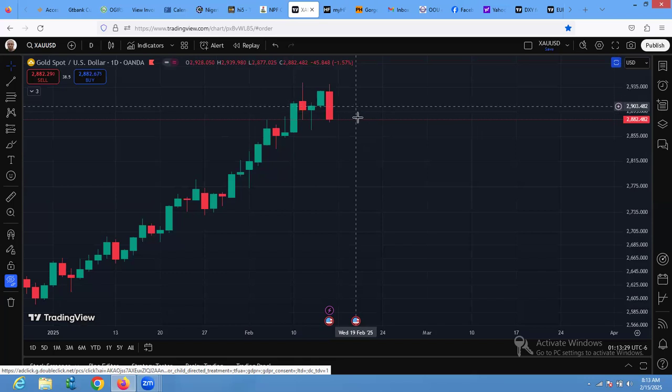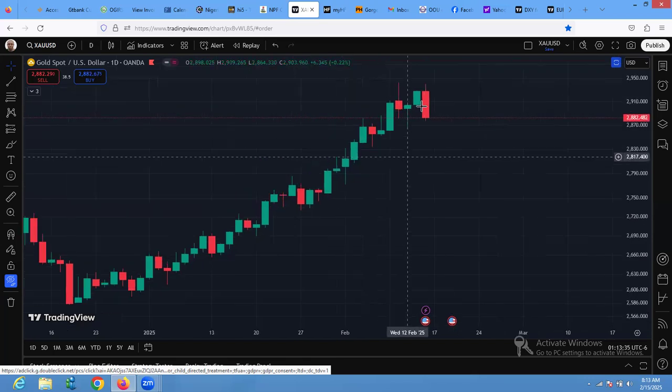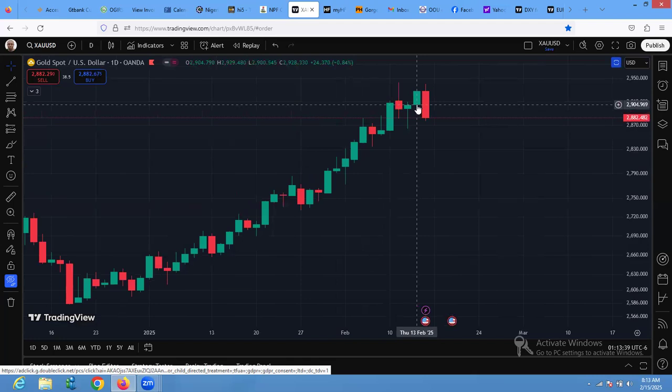This area will guide me as a good resistance. From this level to this level is where you can roughly expect price to come to. But this is a much desired level on the daily time frame.